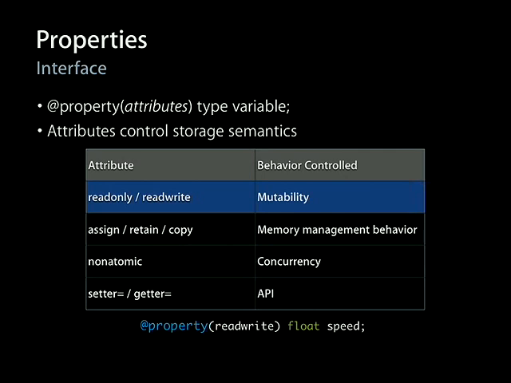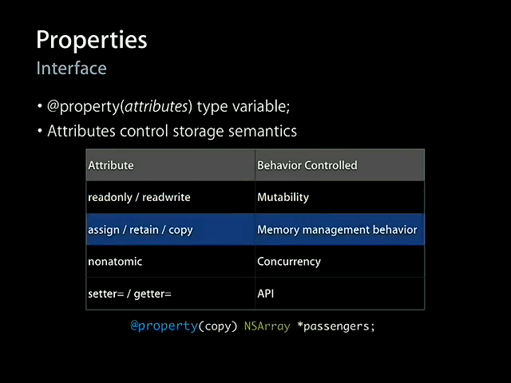Readwrite is one of the few attributes that you can override in subclasses or in class extensions. So you can publicly declare that a property is read-only, and then without writing any code, you can redeclare it internally to your class to be read-write.